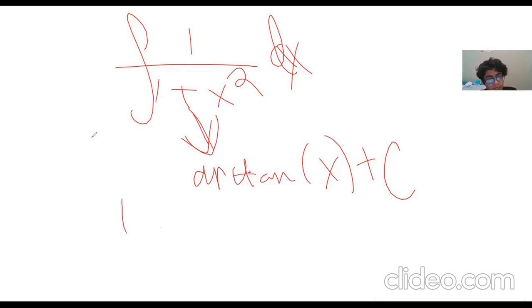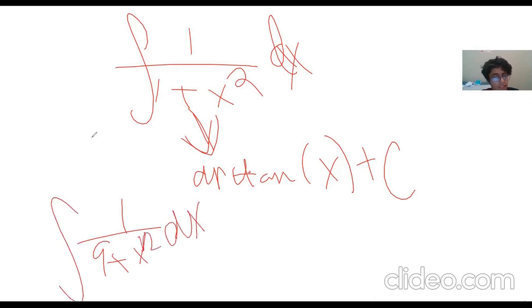So maybe you have something like 1 over 9 plus x squared dx in an integral, and then you say, okay, what can I do? I could maybe divide everything by 9 to get the 1 to appear. But then if I do that, then the x squared would become x squared over 9, right? If I divide everything by 9.